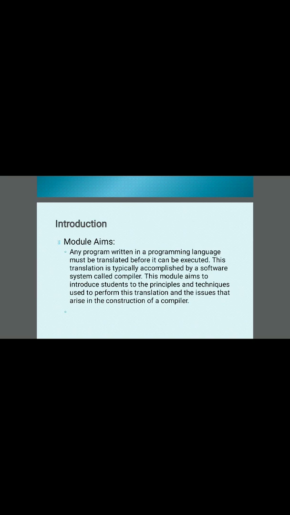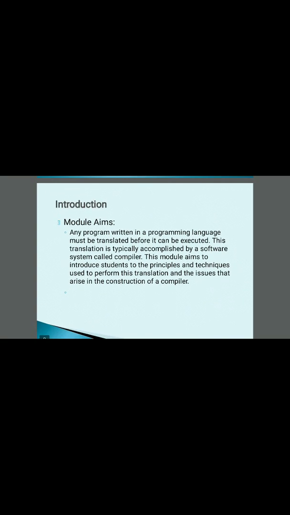This high level programming language, or the programs which are written in different languages, must be converted in the way that the computer can understand. This process we call compilation. So any program written in a programming language must be translated before it can be executed. This is going to be done by another system software that is called a compiler.